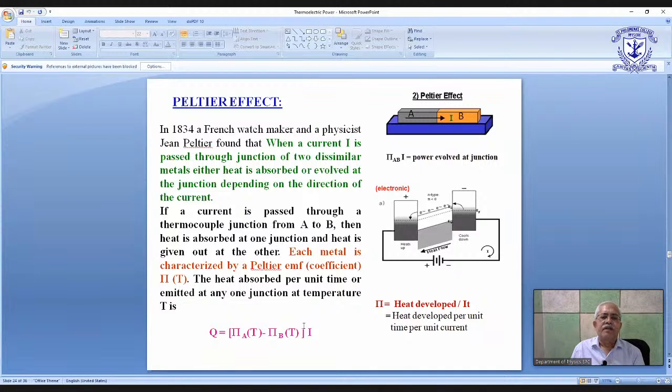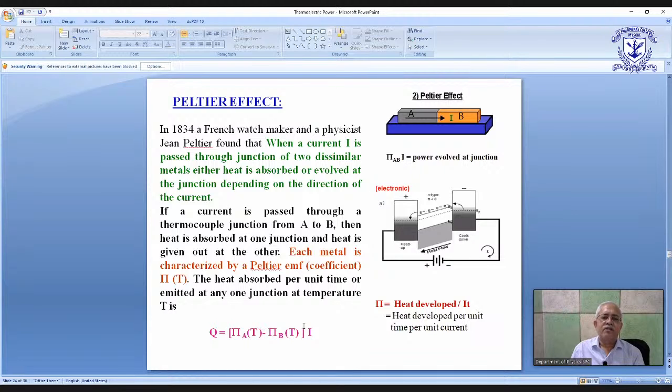Okay. If you have the current flowing in one direction in one experiment, you may observe that heat is absorbed by the junction. So the surroundings get colder because heat is taken away by the junction. If you reverse the current, the same junction may emit heat.